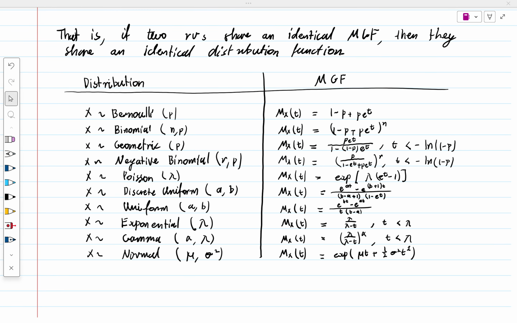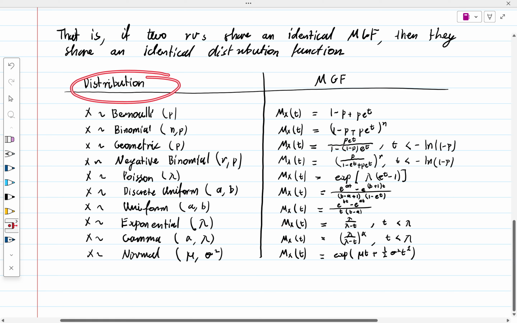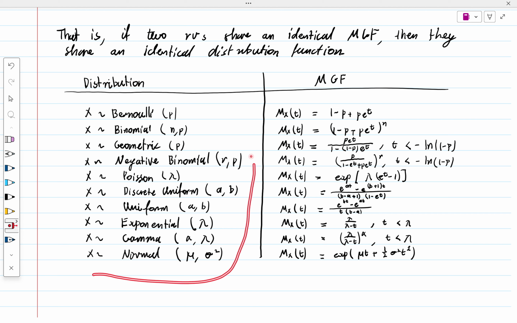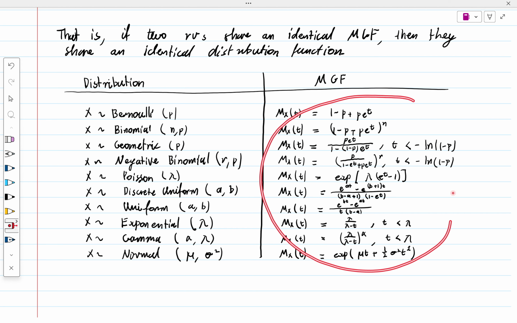So here we have our table where on one side we have the distribution. Here we've got some very common, both discrete and continuous distributions: the Bernoulli distribution, binomial, geometric, negative binomial, Poisson, discrete uniform, uniform, exponential, gamma, and normal. And on this side here, we have their respective MGFs.